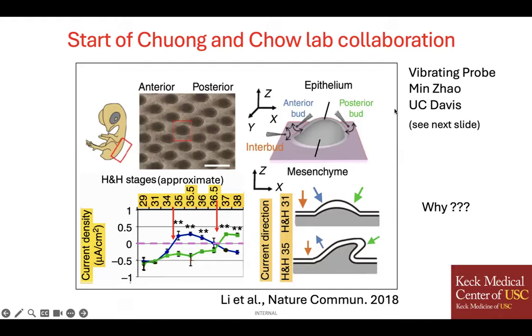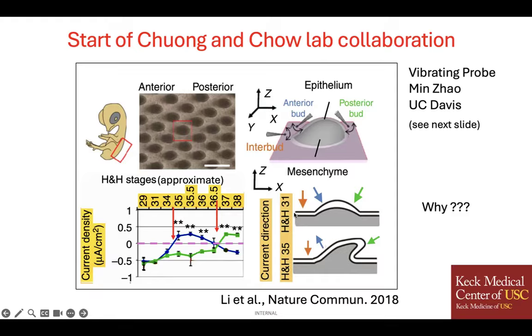They were using what's called a vibrating probe. I'll be talking about this a little bit more in the subsequent slides, but for this slide, the key thing to know is that the vibrating probe allows measurement of currents close to the surface of the skin. As depicted in the lower right, the arrows of different colors point either, in the upper panel, downwards into the skin, or if you look at the next panel, you can see a blue arrow, which is coming away from the skin.